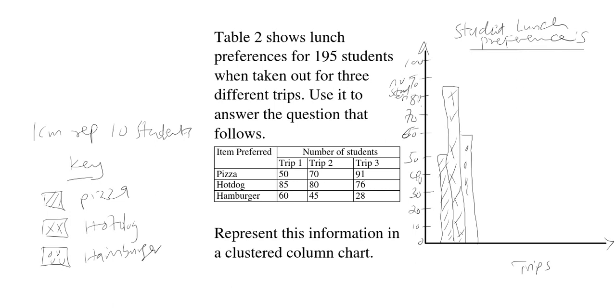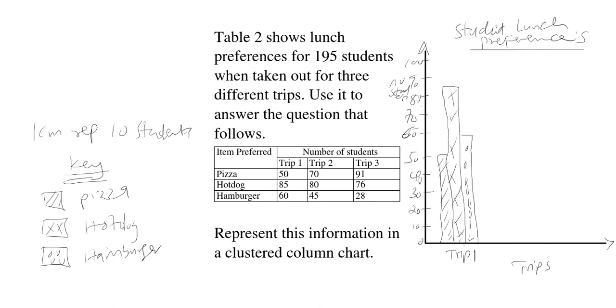Once you finish, these 3 columns will represent trip 1, so you label those 3 columns as trip 1. Remember, you have to write the key so that the columns can be identified. So these 3 columns can be said to be clustered, and that is why it is called a clustered column chart.